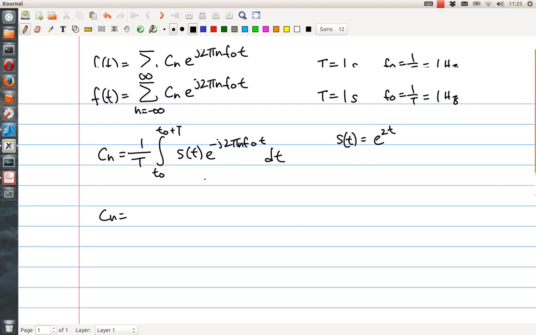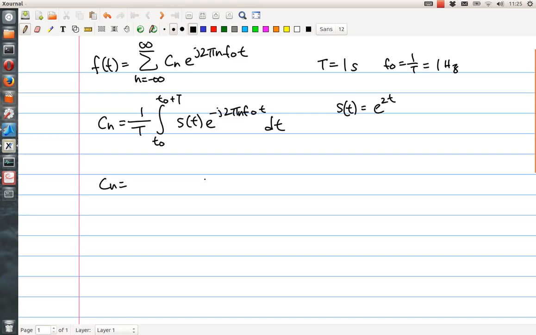Last week you would have seen that if you did this through the trigonometric series, it's not a nice integral to deal with. Here, e to the x will do just fine. So, integral between 0 to 1, because our T is equal to 1, e to the 2t, e to the negative j 2 pi n, f naught is equal to 1 so I leave it out, dt.